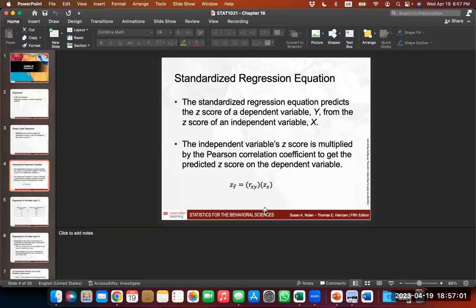Regression uses this association and predicts a dependent variable utilizing an independent variable. In a univariate setting, it's only one independent variable. In a multivariable setting, you're predicting a dependent variable utilizing several variables. And we will get to that at the end of this class.